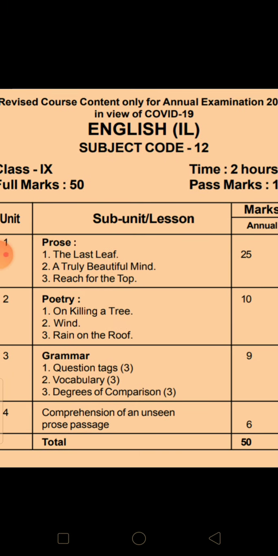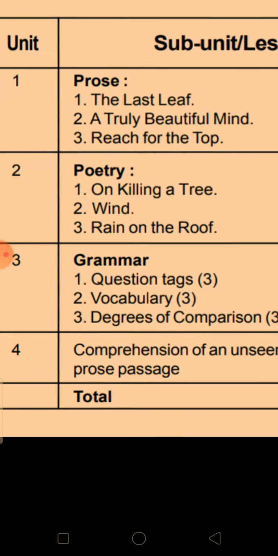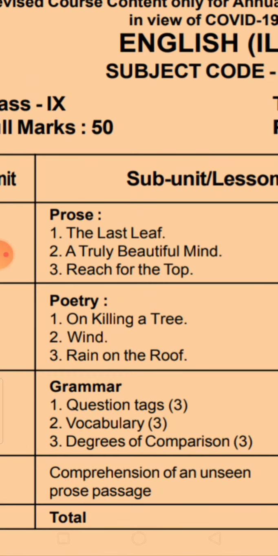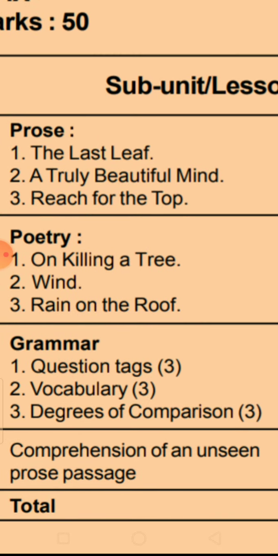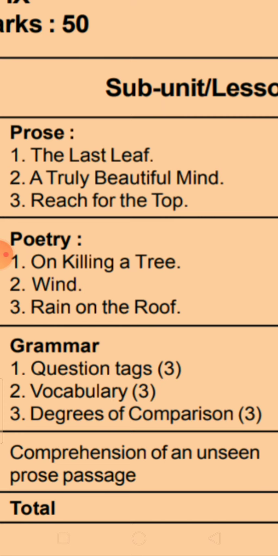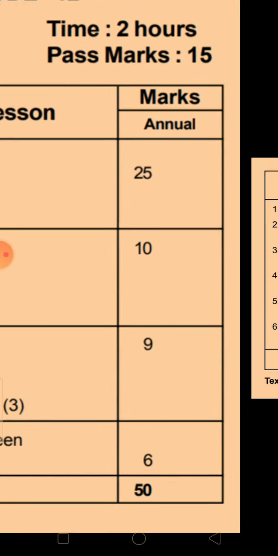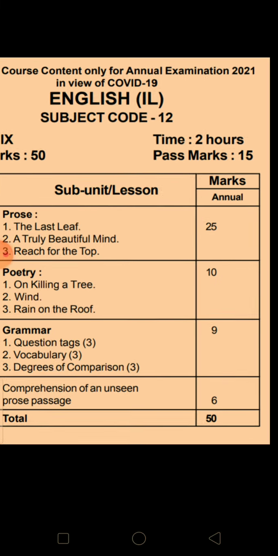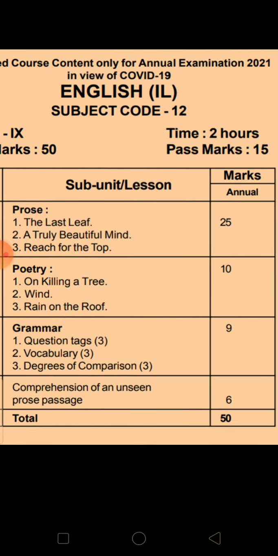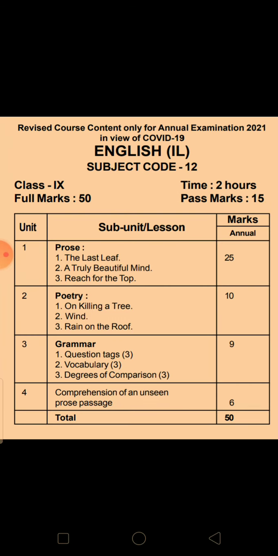Then there would be a grammar portion for class 9, which would be question tags. Then you'll have a vocabulary section, which is 3 of them, and degrees of comparison. And if you notice, there are 9 marks there, which means each of them would carry 3 marks. Then again, you will have comprehension of an unseen prose passage, which means it will not be taken from any of the textbooks.